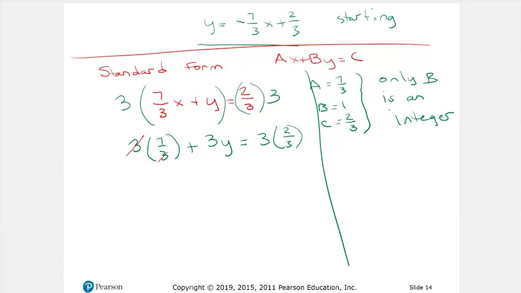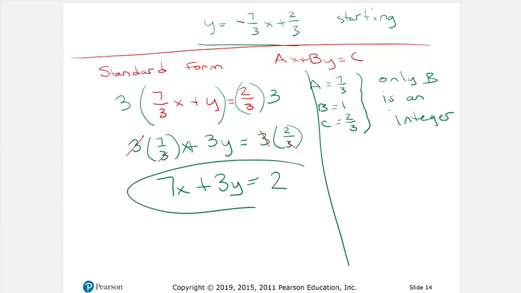So I get 7x plus 3y equals, and again over here, this 3 cancels with this 3, and I get equals 2. And now, as you can see, it's in standard form, where a equals 7, b equals 3, and c equals 2, and a, b, and c are all integers.